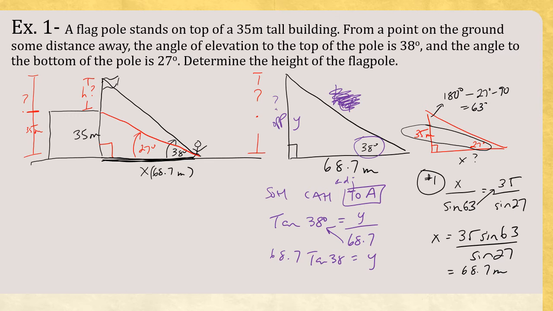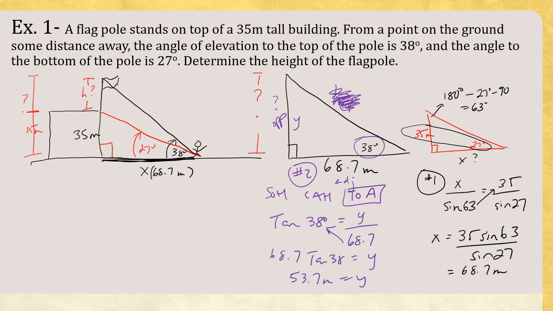Type that into your calculator. 68.7 tan 38. Hit equals, and you should be looking at 53.674, blah, blah, blah. We'll go to one decimal place, 53.7 meters equals Y. And that was step number 2.